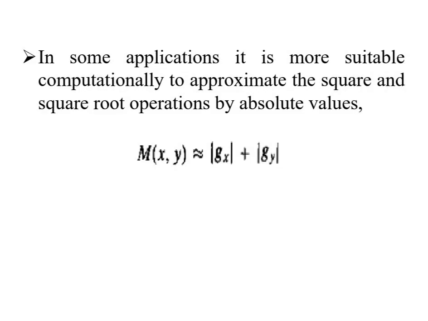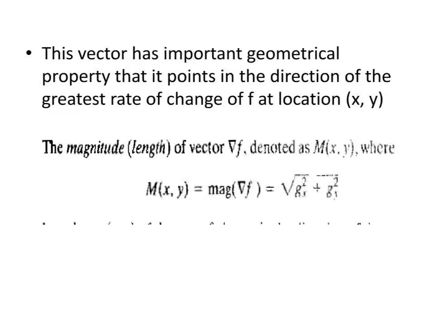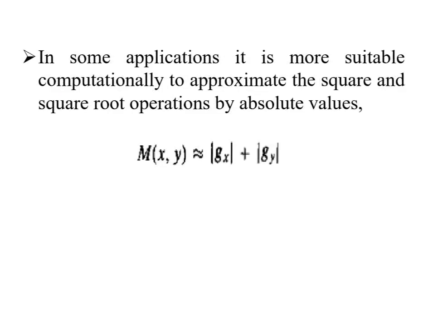These results are independent of whether we use the equation M of x comma y is equal to the magnitude of del f, which is the square root of gx squared plus gy squared, or M of x comma y approximately equal to the magnitude of gx plus the magnitude of gy. So nothing of significance is lost in using the latter equation if we choose to do so.